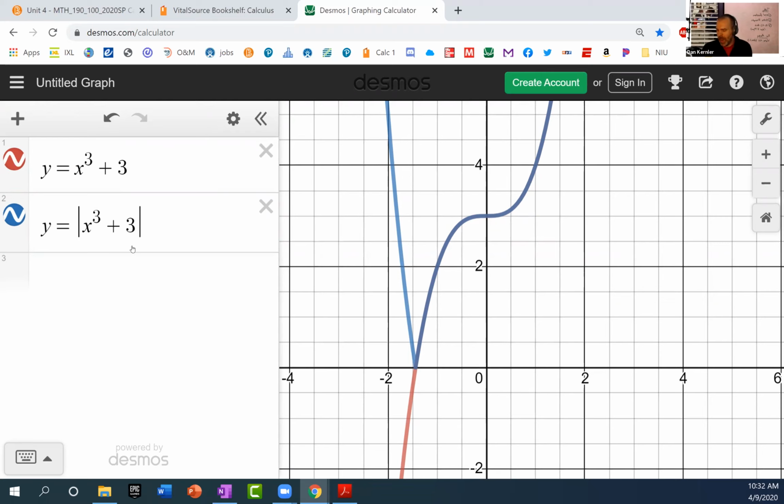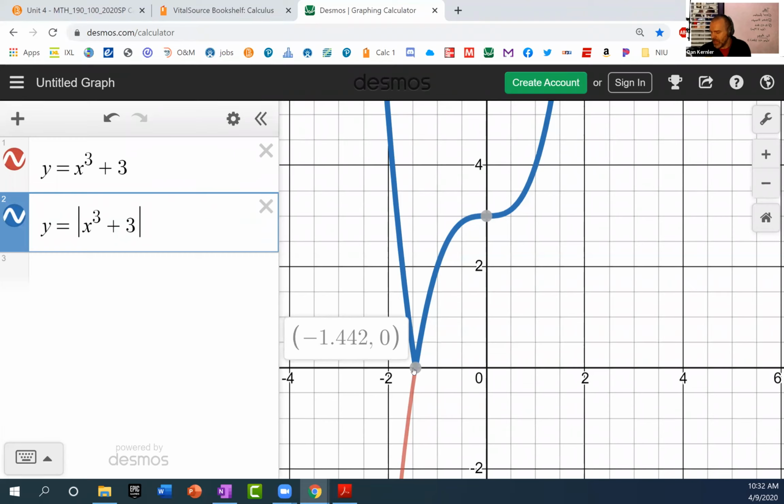Does anyone know why the blue with the absolute value here does that? Why it flips up like that? Because absolute values are always positive, so it's always going to be up. Yeah, you're right. All the red negative numbers here got flipped up to be positive. And technically we say it's not that absolute value is always positive, it's that it's never negative, because technically it can be 0. It's like a small technicality there.